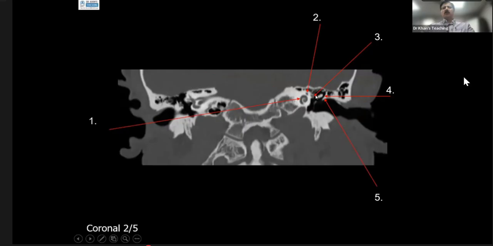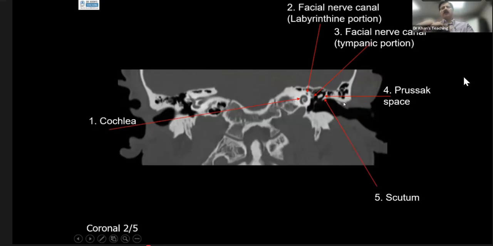And number three? Tympanic facial nerve. And this one is the bone, and this is that space, this black space. Excellent. So these are the answers. All of you got it right.